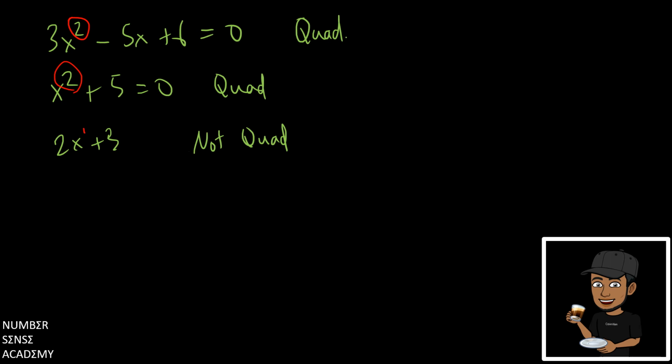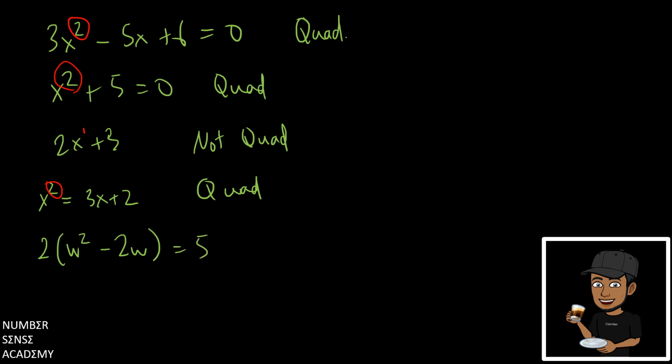What if I have x squared is equal to 3x plus 2? This is just the rearranged form of the standard form. This is quadratic, and my first indication is the fact that there's a 2 there. What about 2 times w squared minus 2w is equal to 5? Yep, this is quadratic because of this 2.